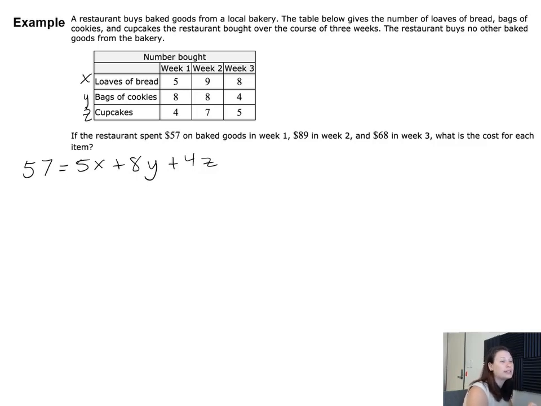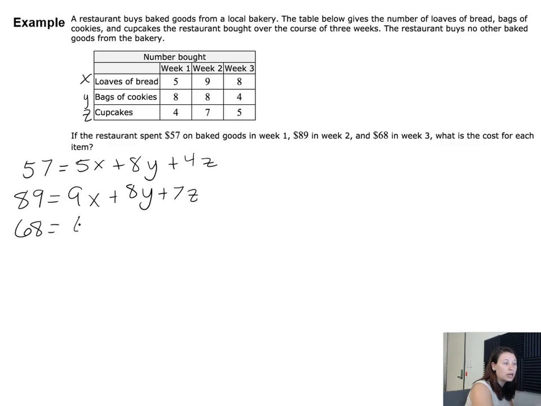So now we do the same thing for 2 and 3. Week 2 is 89, where we bought 9 bread plus 8 cookies plus 7 cupcakes. Then week 3, we had $68 for 8 bread and 4 cookies and 5 cupcakes.